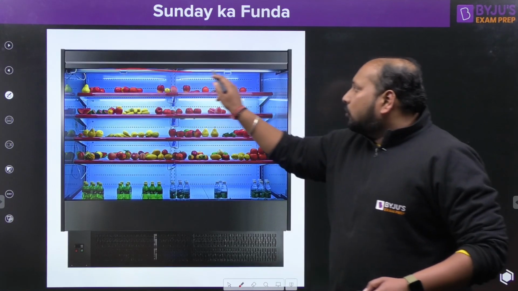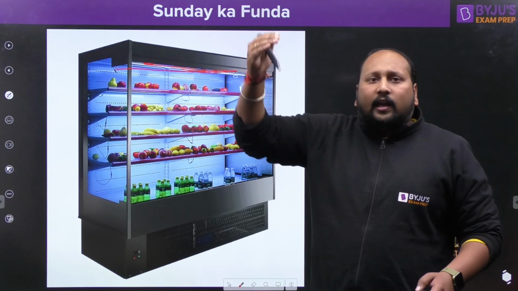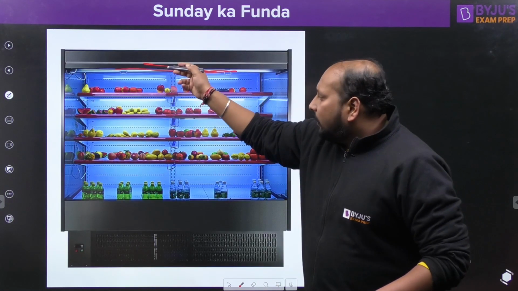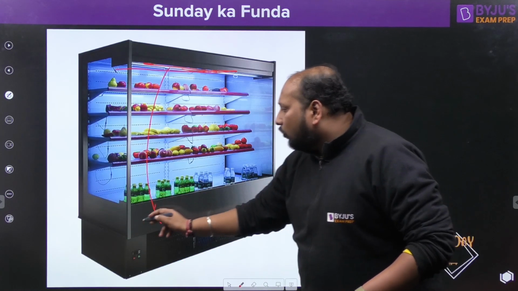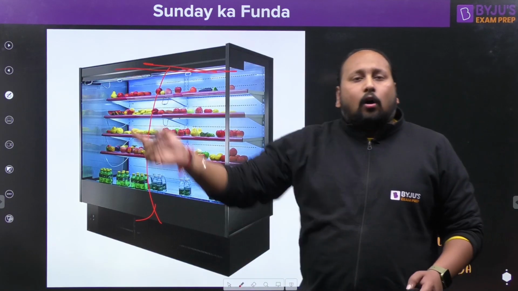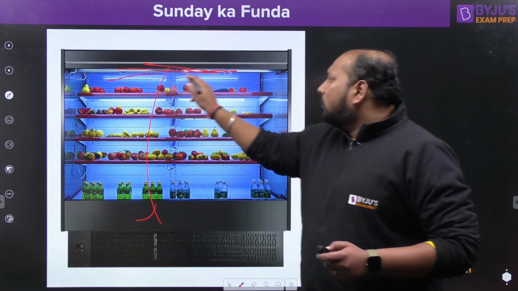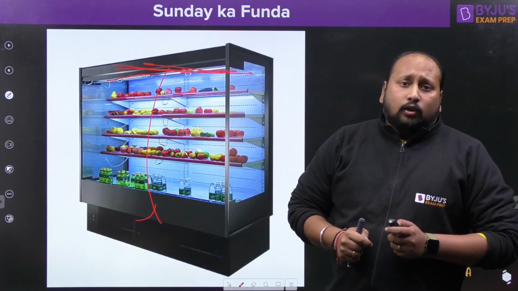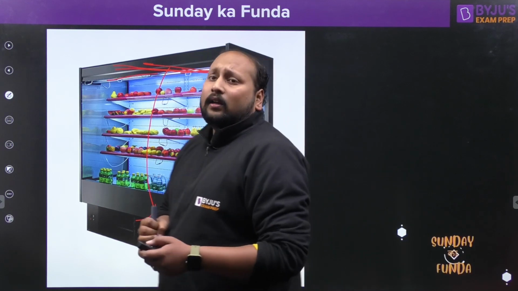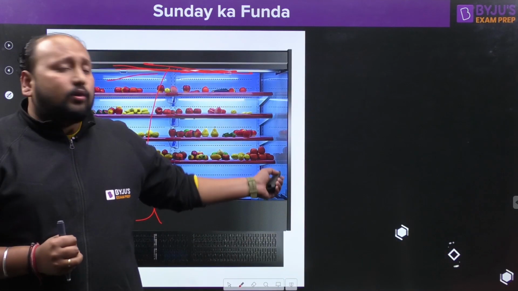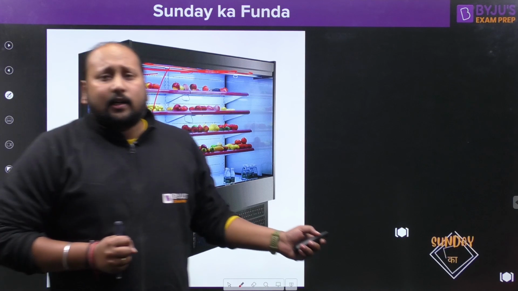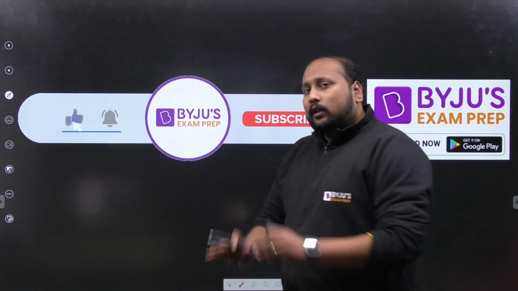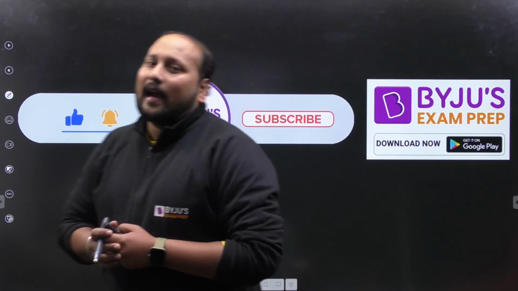At the front portion, there is a very small layer of fluid which circulates, flows, and comes back again. So a small air pressure velocity of air curtain is also used there, protecting the fruits and cold storage items from the outside ambient temperature. So this is all about the concept or science behind the air curtain.